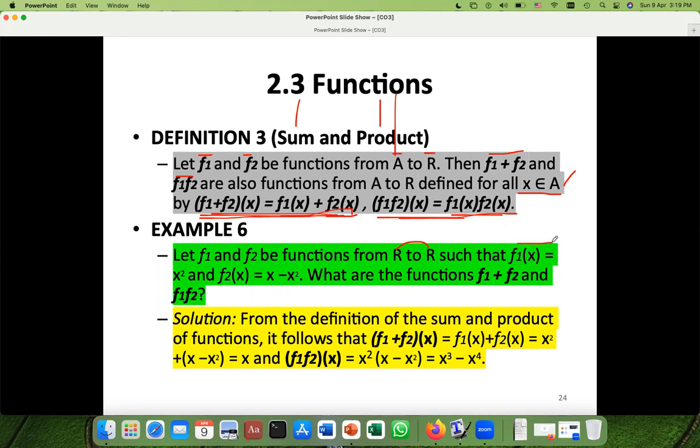And f1 of x is given to you, which is x squared, and f2 of x is given to you, which is x minus x squared. So now what is the sum and the product? It is easy.